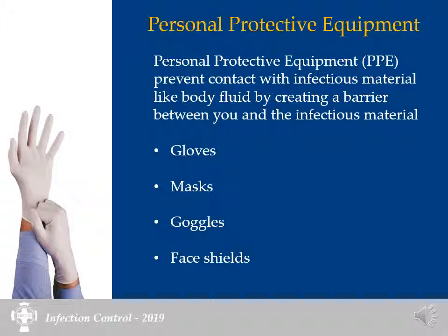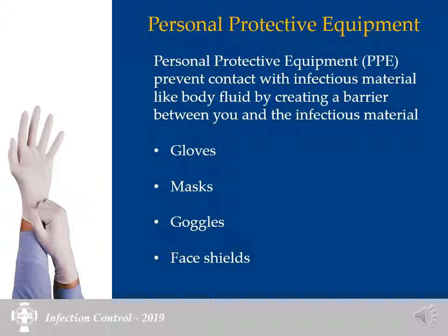Personal protective equipment, or PPE, provides a barrier between you and the infectious material, preventing contact that could place you at risk of infection. The most common equipment are gloves, but can also include things like masks, goggles, face shields, and aprons.